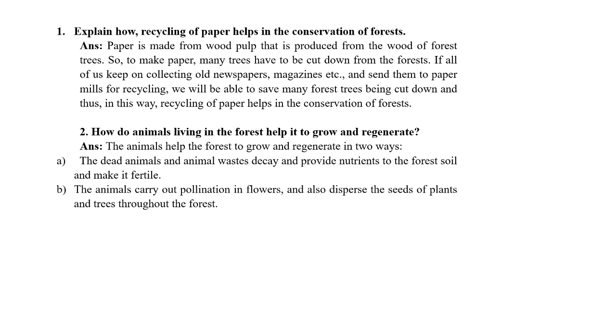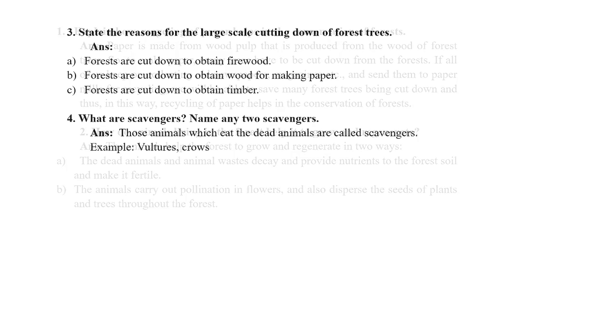The fallen seeds get adequate conditions, adequate fertilizer mixed soil, so that they can grow well, and thereby the animals living in the forest help the forest to grow and regenerate.